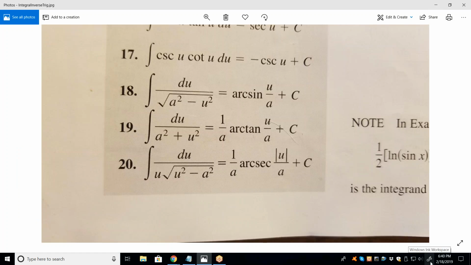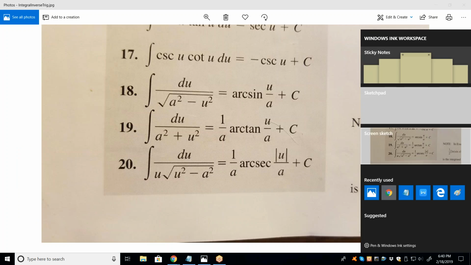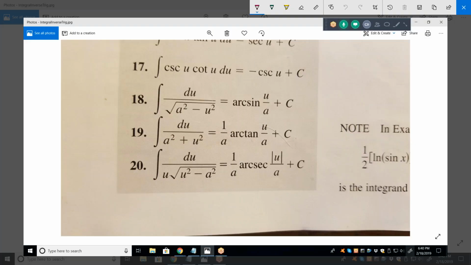Let me do a little bit of writing on these. In other words, if you've got the integral of 1 over the square root of 1 minus x squared, well, that's pretty easy, right?